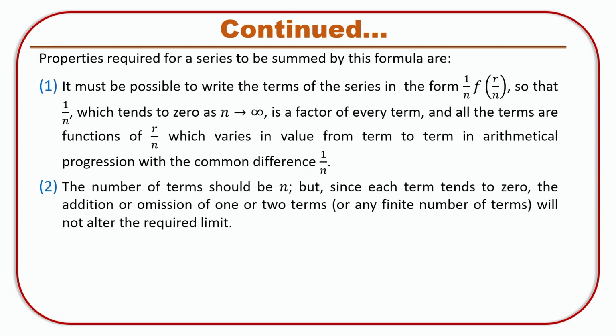So the properties required for a series to be summed by this formula are: it must be possible to write the terms of the series in the form 1 by n into f of r by n.